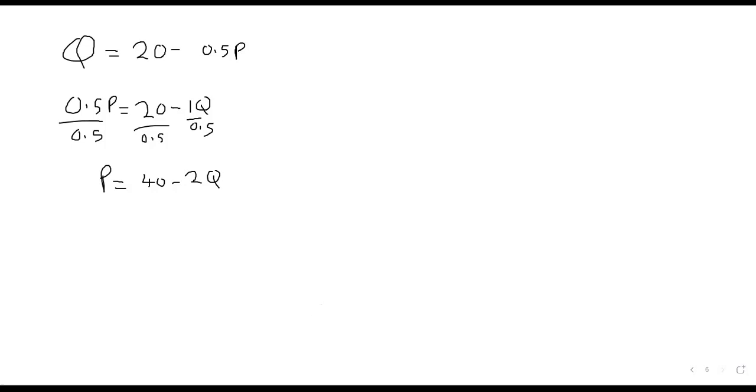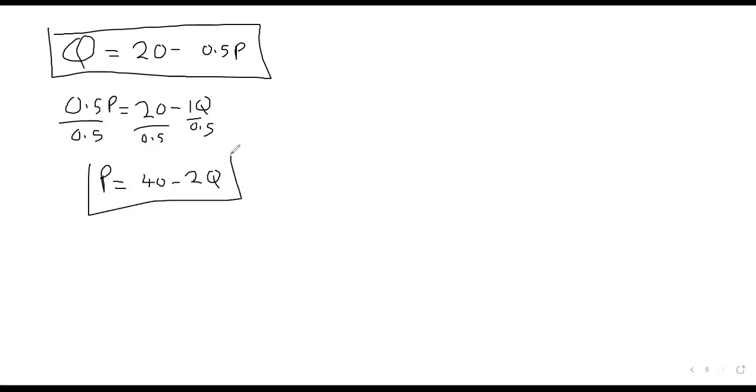Yes, sir. All right, so when you're given the function in terms of Q, make P the subject of the formula. So when this one goes aside, and then you divide by 0.5 on both sides, you're going to get P is equal to 40 minus what? 2Q. It is at this point where you can now start to calculate the total revenue, which is given by price times quantity.